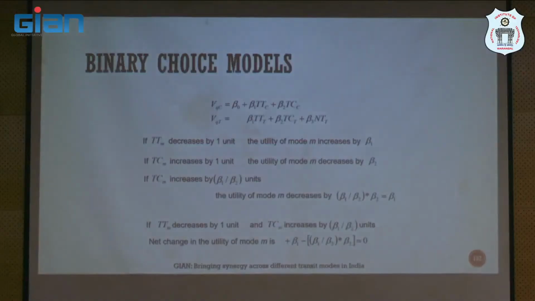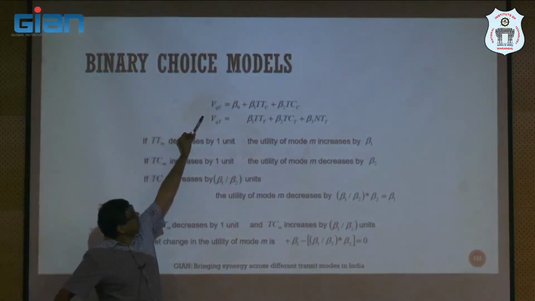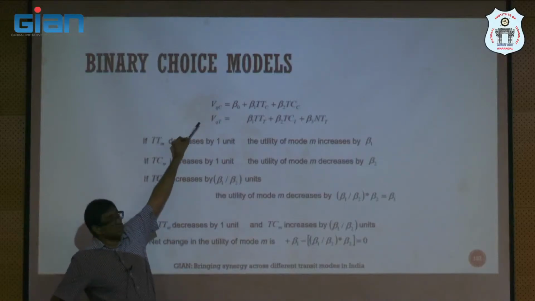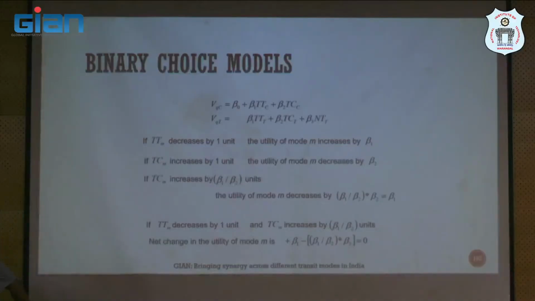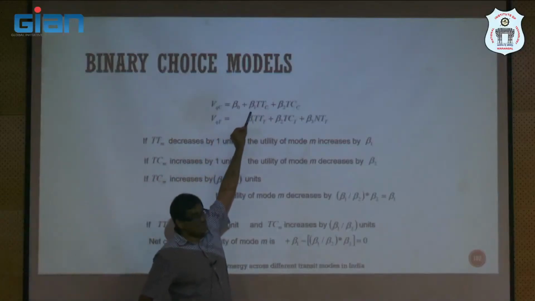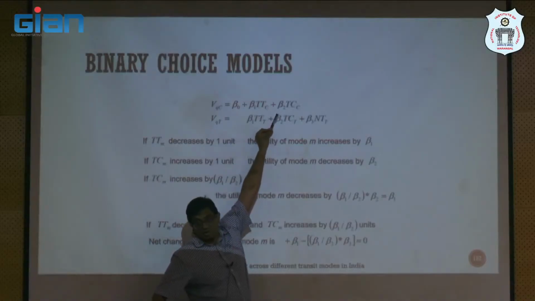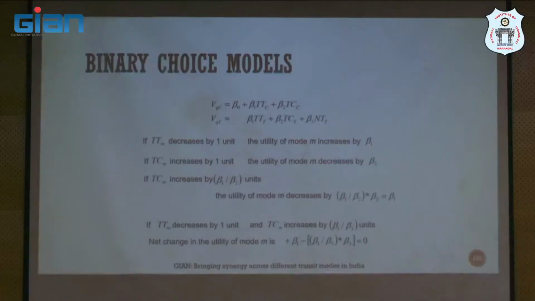So if you look at the equation, there is a simple way to figure that out. Utility is a dimensionless, scalar unit, right? So both utilities are there. But the unit of time is minutes. So effectively, beta 1 will be 1 over minute, because the product of these two should be a scalar. So this is 1 over minutes. This is 1 over dollar.